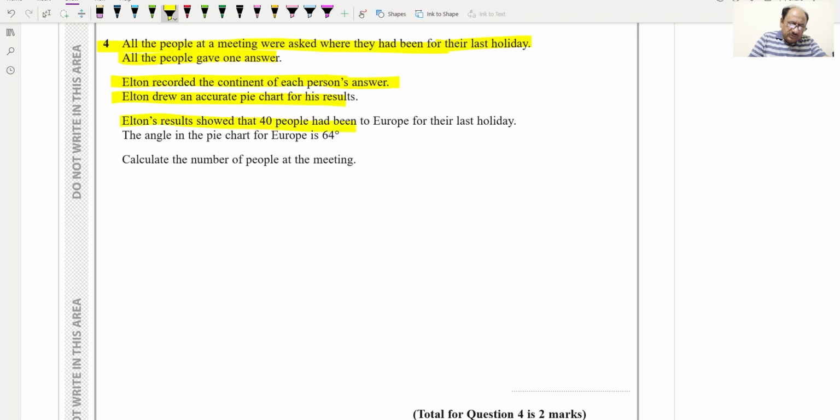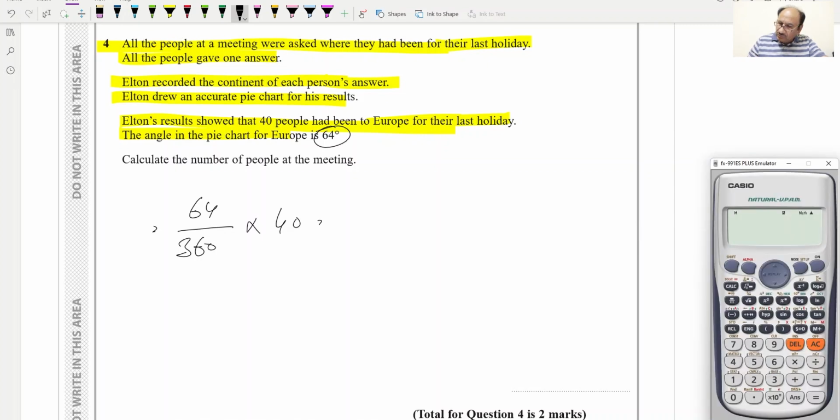Elton's results showed that 40 people had been to Europe for their last holiday. The angle in the pie chart for Europe is 64. So 64 is for Europe, and we know this is out of 360, and there are 40 people.